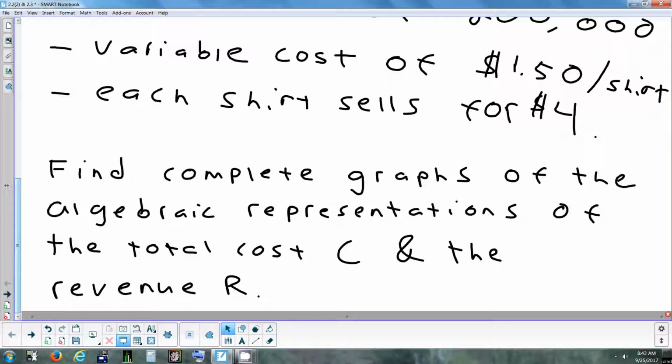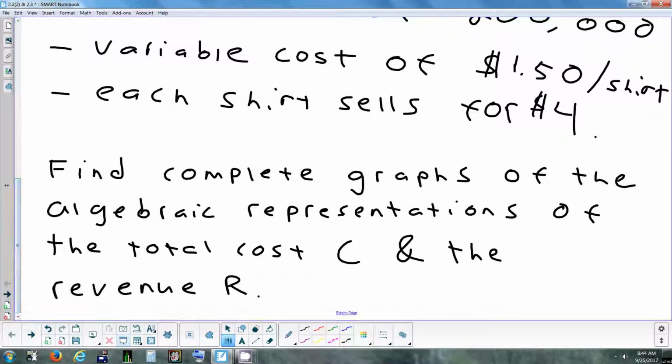Now, for our purposes, there's going to be a difference between revenue and profit. Okay. Revenue is just the money that the company takes in, not accounting for anything else. It's just how much money did they take in. If you subtract the cost from the revenue, we'll call that the profit. Okay, so cost is money they spend. Revenue is just money they take in. We'll worry about profit after.